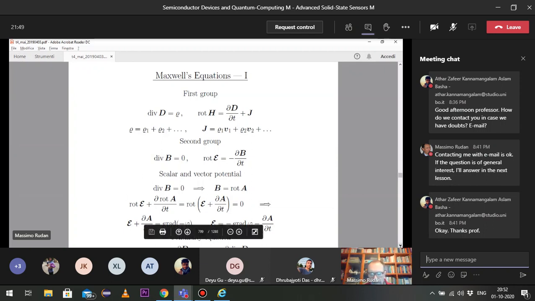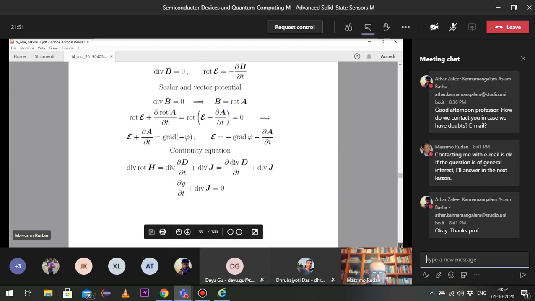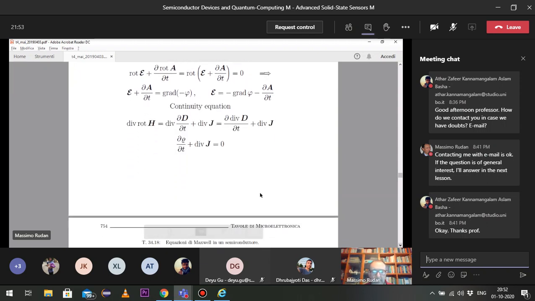So when you combine these calculations, you find the very well-known continuity equation of the electromagnetic theory that tells you that the time derivative of the charge density plus the divergence of the current density is equal to 0, okay?